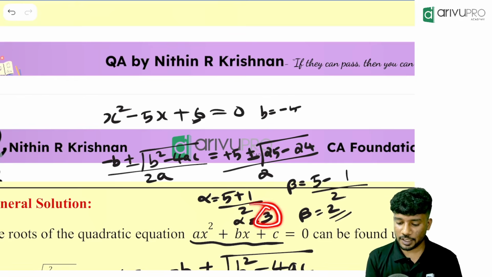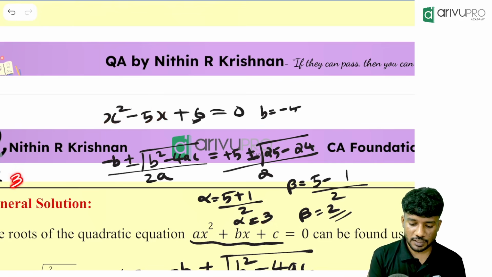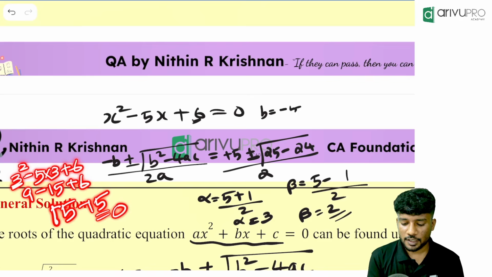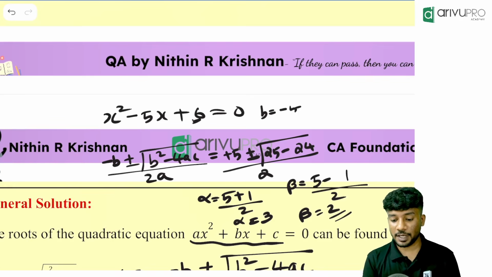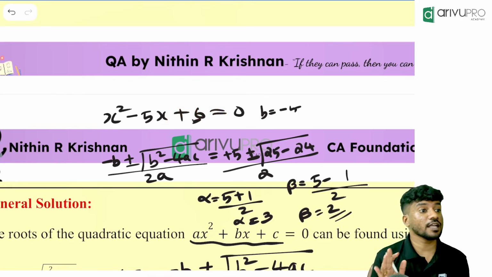Now I will show you how it becomes a solution. Put 3 over here instead of x. That means 3 square minus 5 into 3 plus 6. 3 square is 9, minus 15 plus 6, which is 15 minus 15, which is equal to 0. That means LHS is equal to RHS. That's why we say that particular value is the solution.